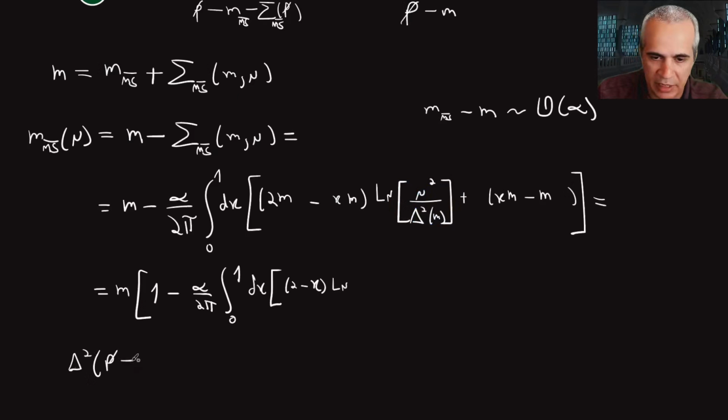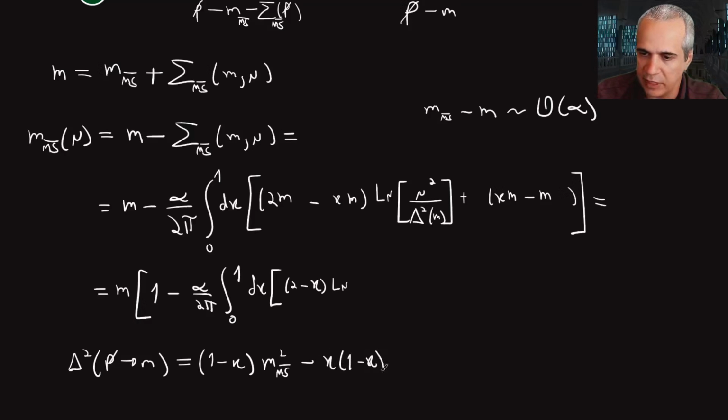When I take p slash to the physical mass, it will be 1 minus x m square in the ms bar, right? That's what I had here, minus x 1 minus x. That's where p slash was. That becomes m square. And if I do that approximation, this is just m square 1 minus x square, right?